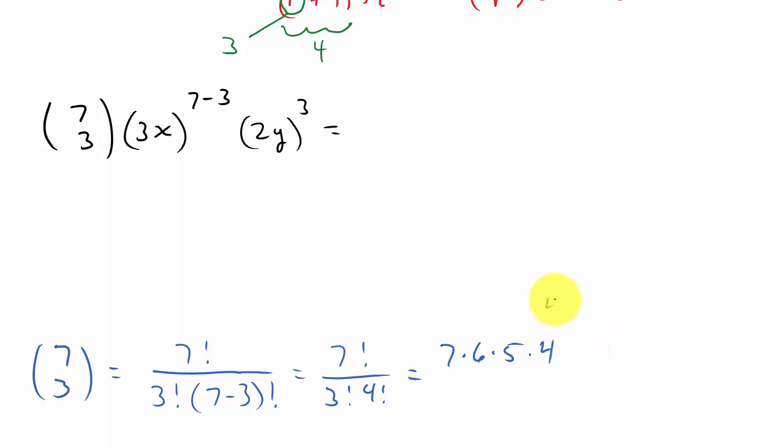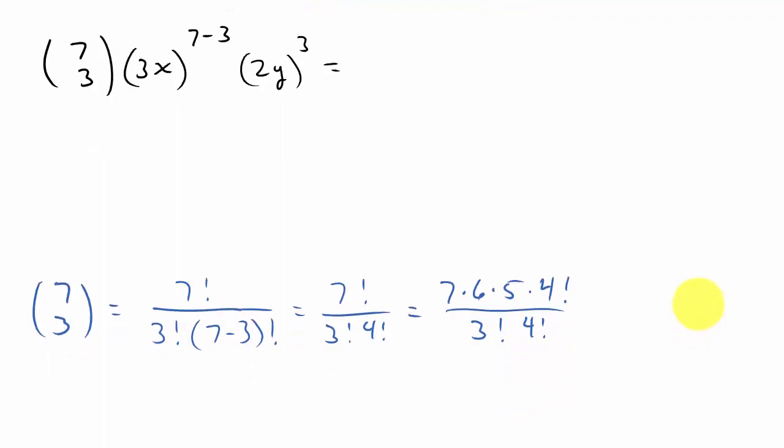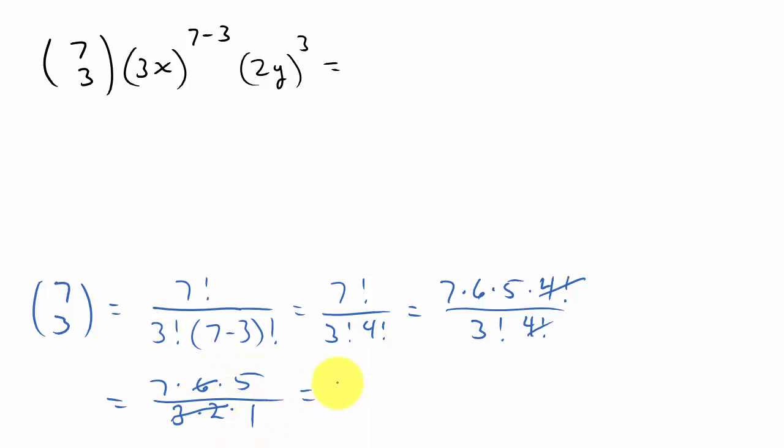Remember, 4 times 3 times 2 times 1 is just 4 factorial, so we'll leave it like that. It'll cancel out with this one, over 3 factorial times 4 factorial. The 4 factorials cancel, so that's 7 times 6 times 5 over 3 times 2 times 1. Well, 3 times 2 is 6, those cancel out, and so I'll be left with 35.